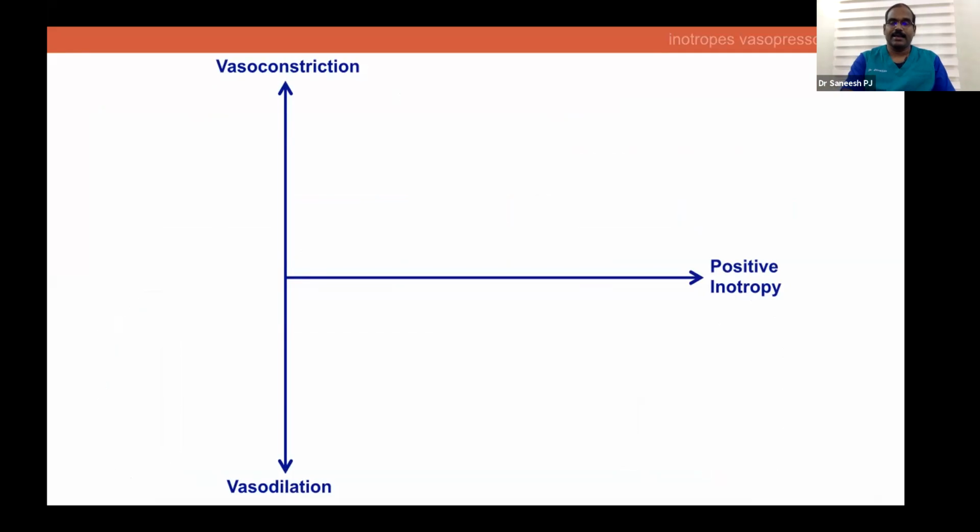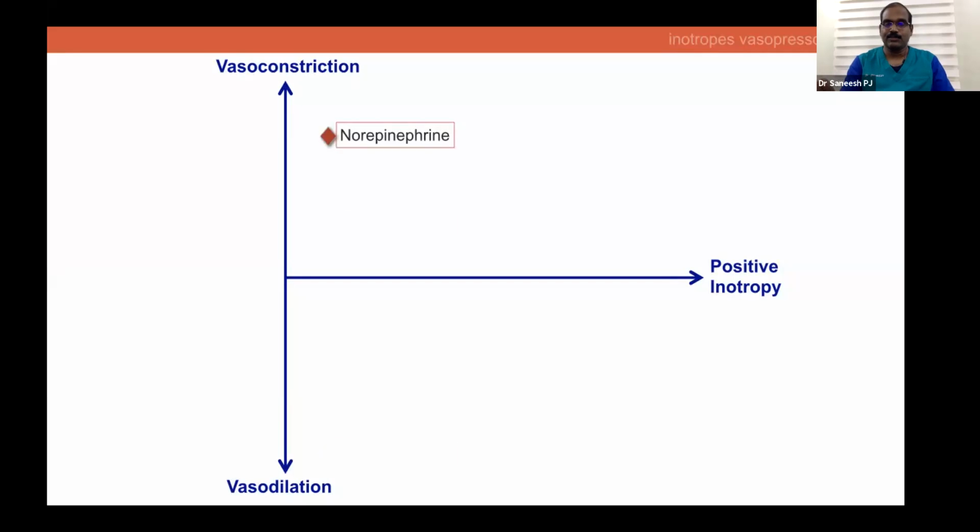More scientifically correct will be plotting these drugs in this graph. Here, as we go on the positive side of the y-axis, the vasoconstriction property increases. As we go towards the right extreme, the inotropic action goes up and up. Of course, if you go down the y-axis, the vasodilatory property appears.